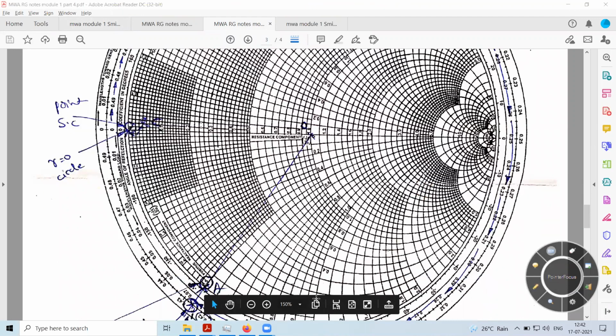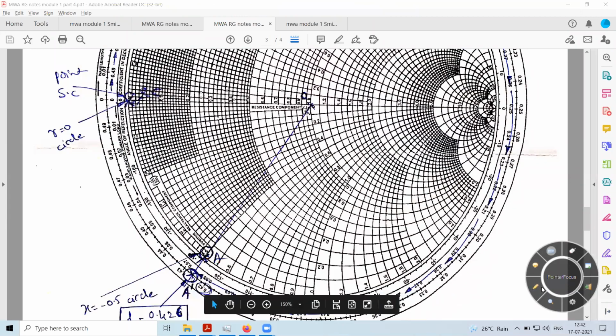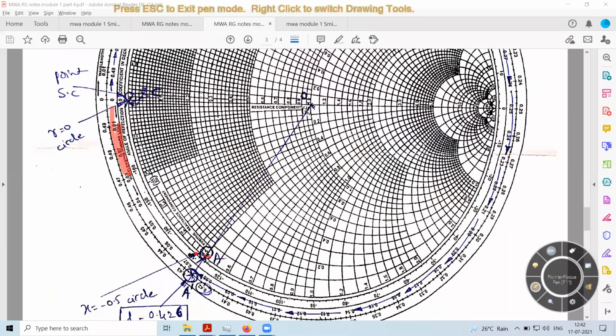There are two ways of looking at it. If this is the input end, the generator end, I need to move towards the load. In which direction? From this input point, you have to move in the anti-clockwise direction, and I know that the load is located at this point.